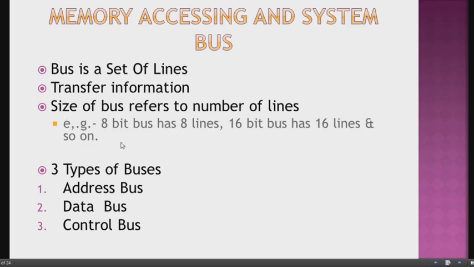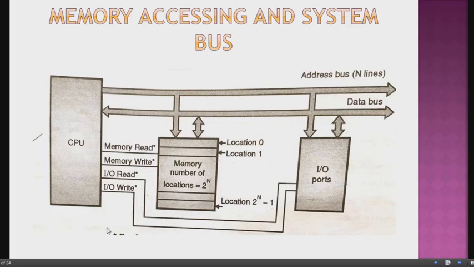Now there are mainly 3 types of buses. First is the address bus, second is the data bus, and third is the control bus. In this diagram, which is the expanded view of the system block diagram we have studied, this is the CPU, this is memory, and these are IO ports, and we can observe the 3 buses here. This one is the address bus, consisting of n lines.